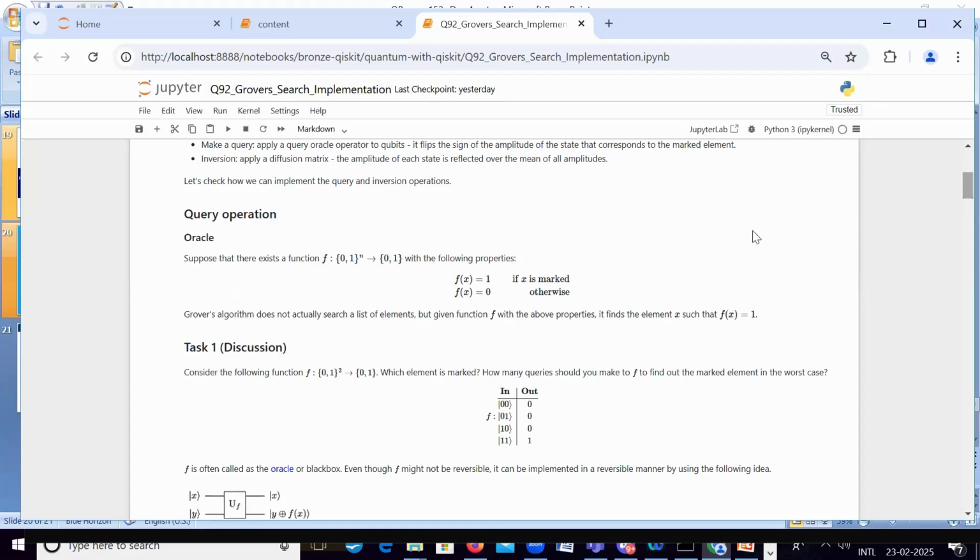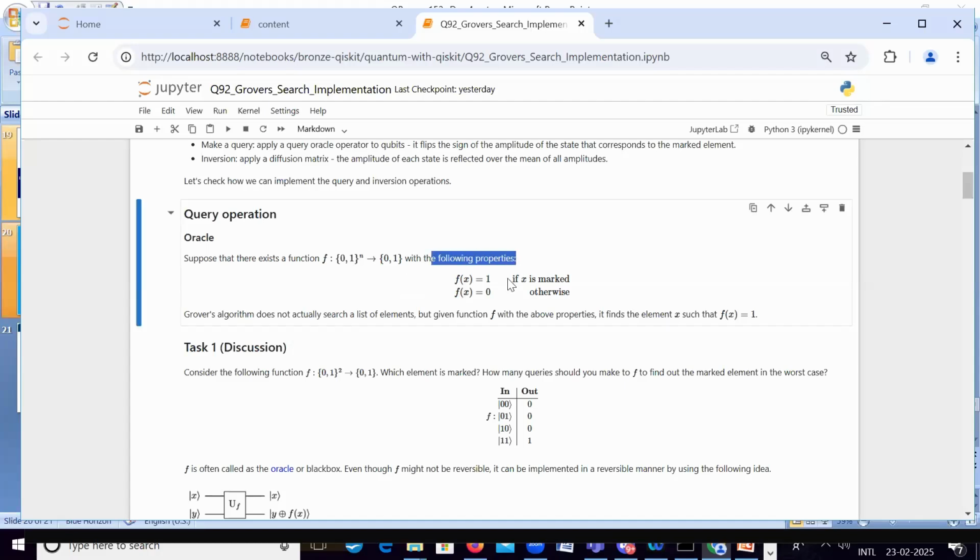Getting deeper into the query operation, we query to mark the detected value or element, and that function is called the oracle function. Suppose there is a function as defined here that satisfies the following properties.